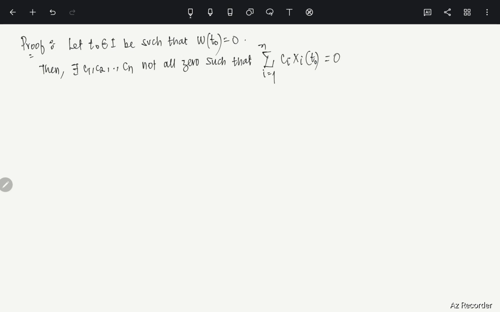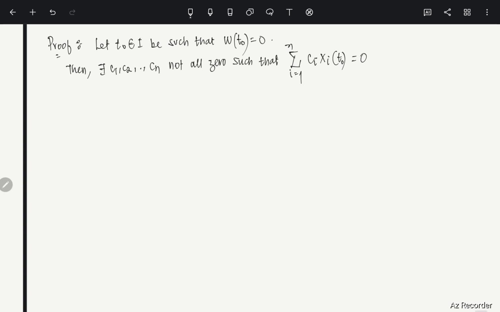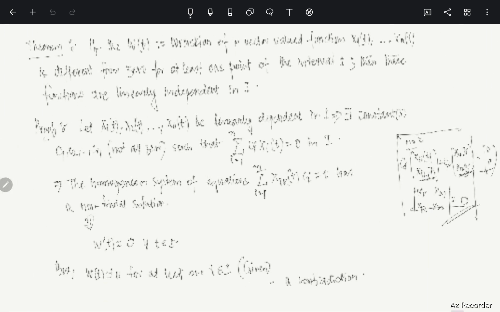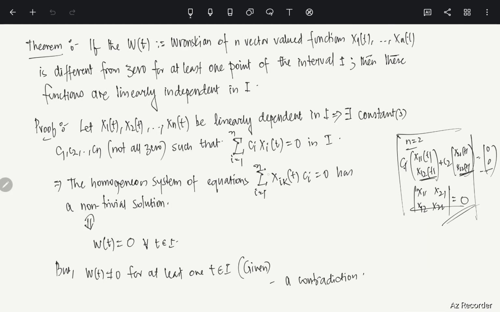Clear? See, the thing is, if the Wronskian is 0 at the point t naught, then if you look at this particular system at the point t naught, we looked at this thing, right?